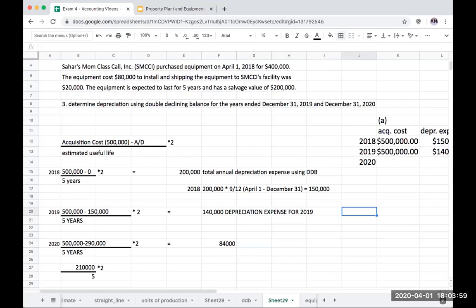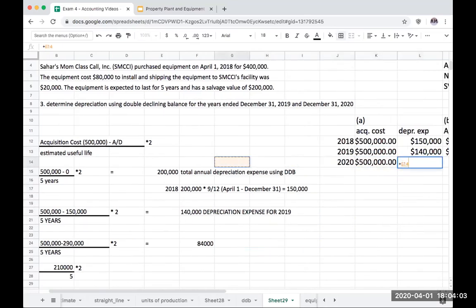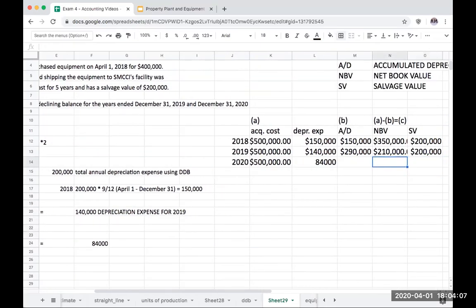So 2020, here acquisition cost. I initially would be recording, if I was just to do this anyways, over here $84,000. My accumulated depreciation is my prior beginning balance plus what I did this year, or $84,000. So my total balance here is $374,000. My net book value is at $126,000.